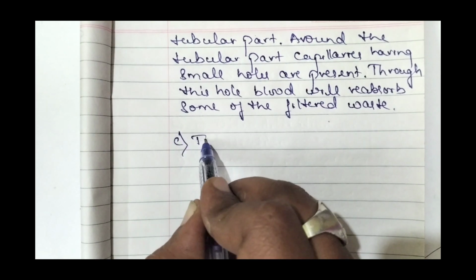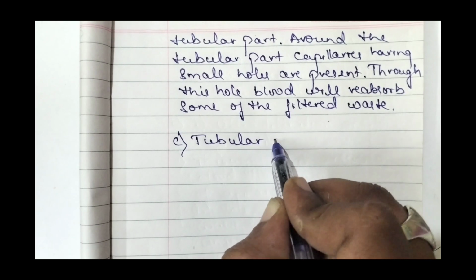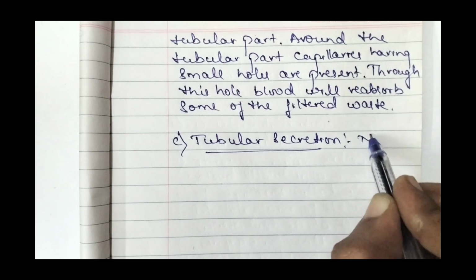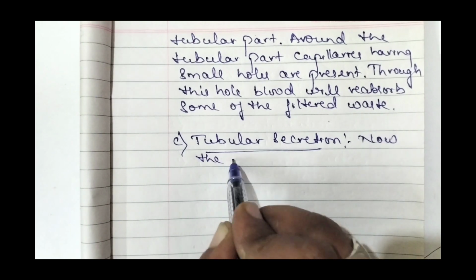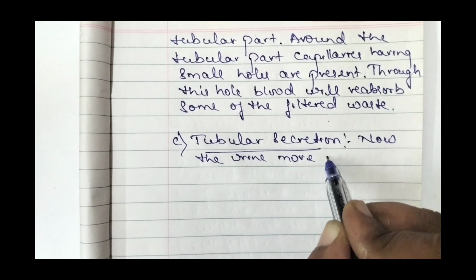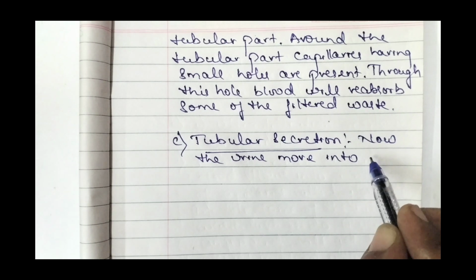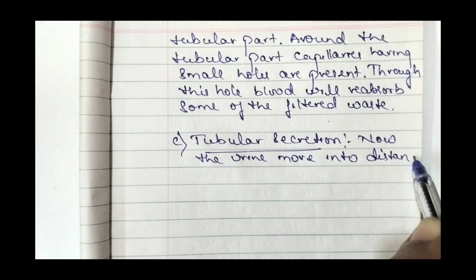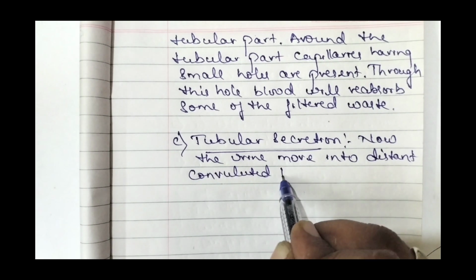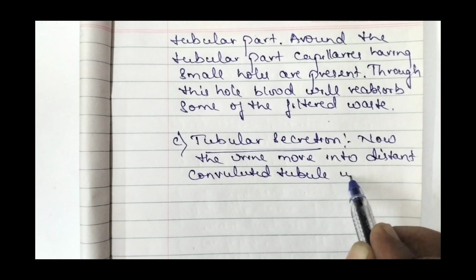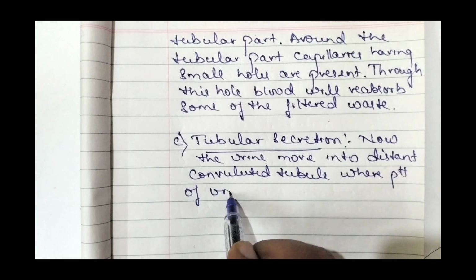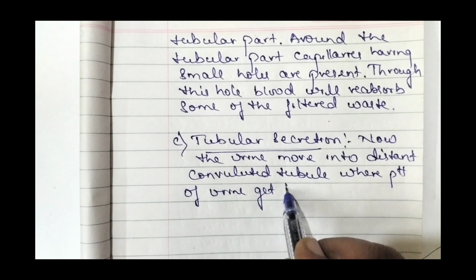Then the third one is called tubular secretion. Now the urine moves into the distal convoluted tubule, where the pH of urine gets balanced.